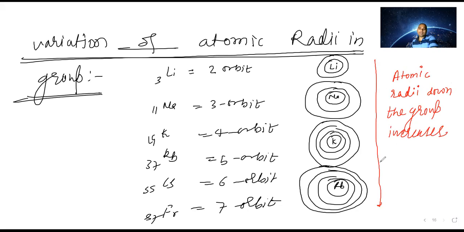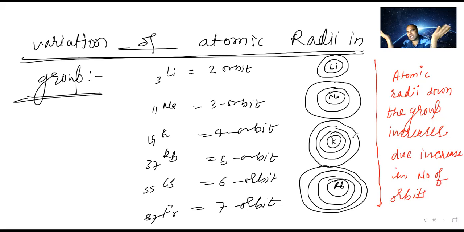Down the group the number of orbits increases, so the distance between the nucleus and the outermost shell automatically increases. So down the group, atomic radii is increasing. Thank you very much.